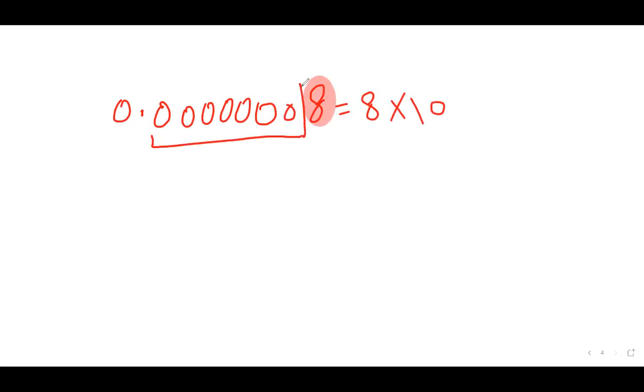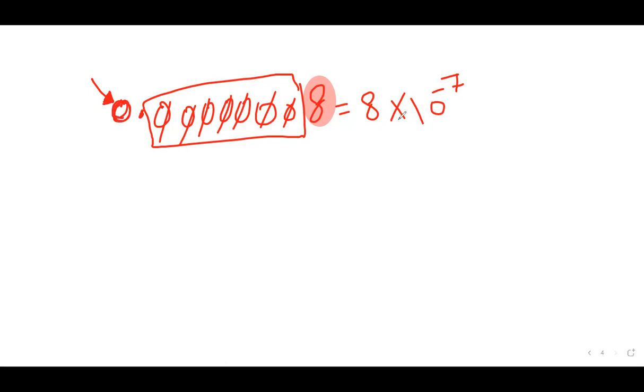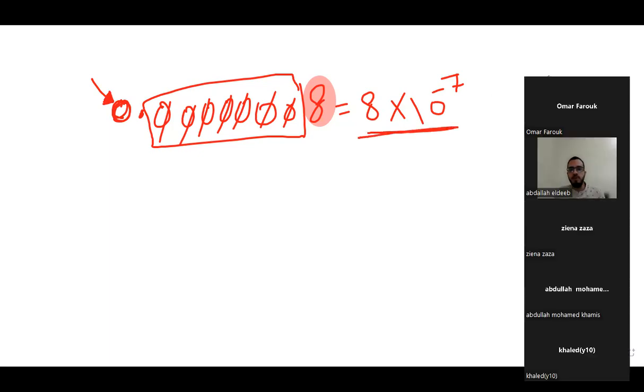And then you count all the zeros here: 1, 2, 3, 4, 5, 6, 7, so 10 power -7. Here, there are two common mistakes. The first common mistake is they forget to put the negative. And the second common mistake, some students count this 0. Please stop counting this 0, okay? So it is 8 times 10 power -7. I wish you understand.